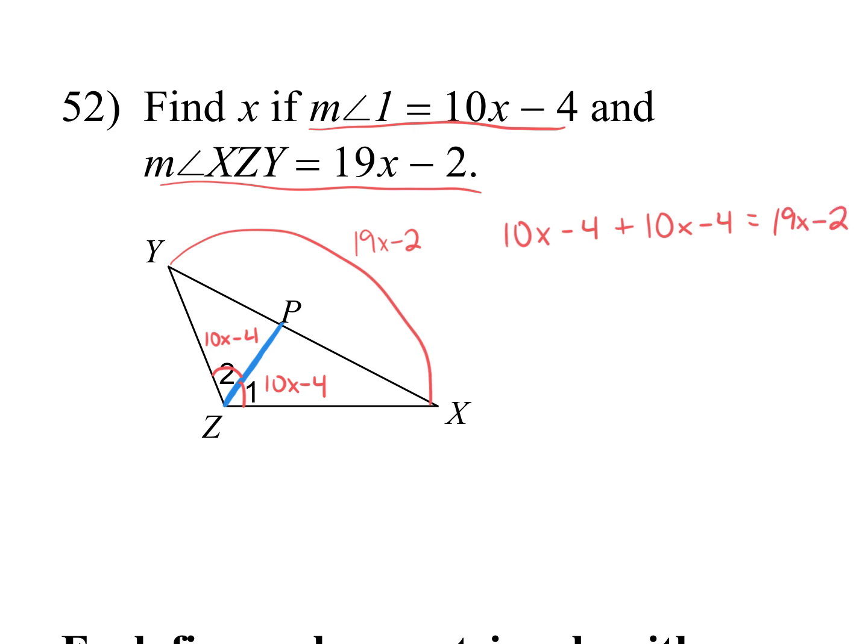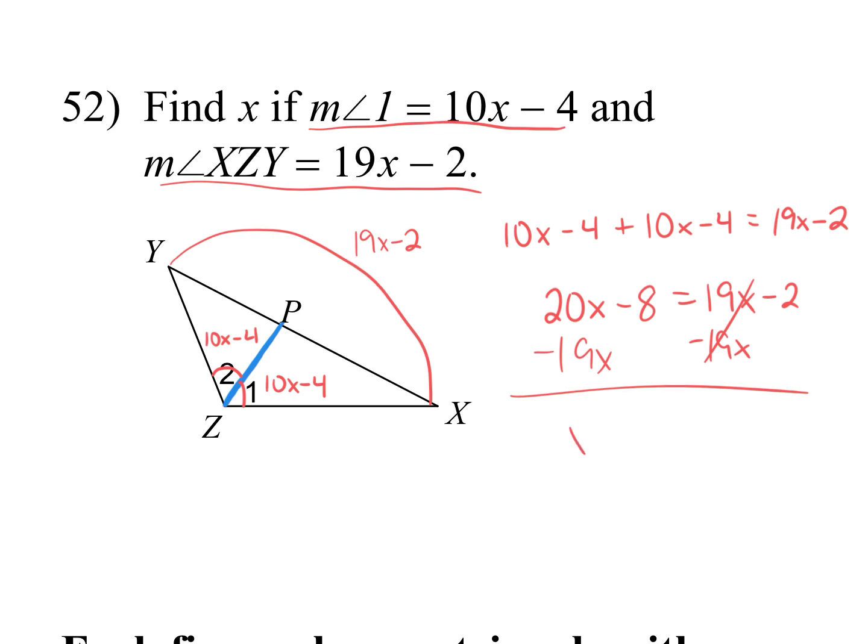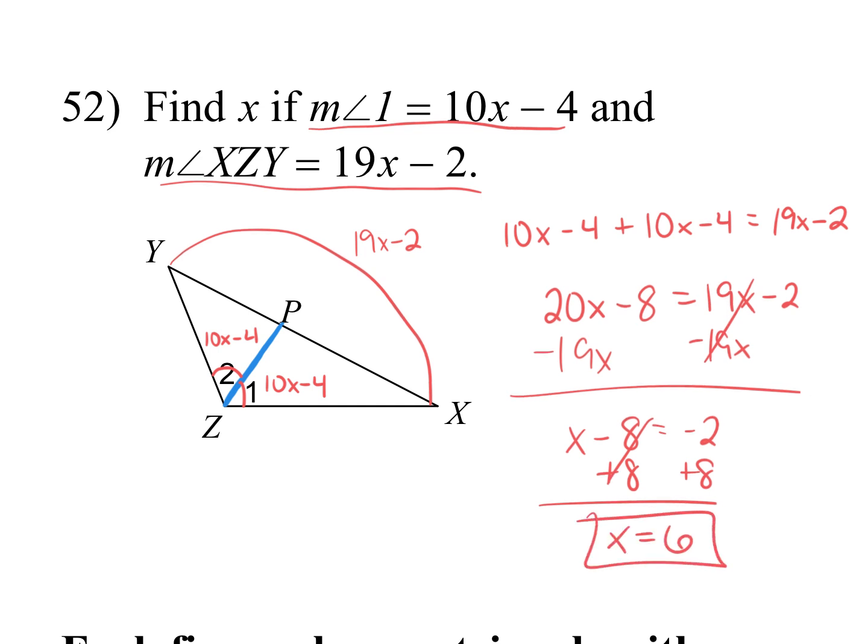A lot of you skip this step and you just combine them right away to get 20x minus 8. That's totally fine. From here, you solve. I'm going to subtract 19x. So I get x minus 8 equals negative 2. What do you end up getting for x? 6. X equals 6. Yes.